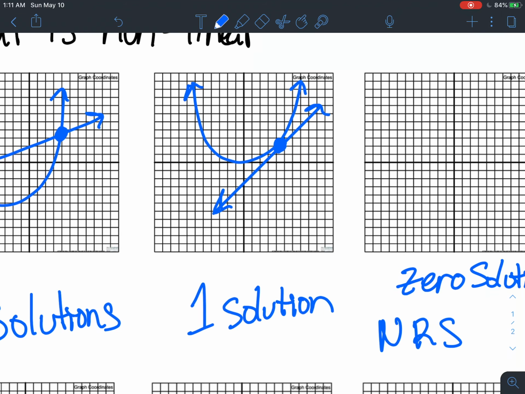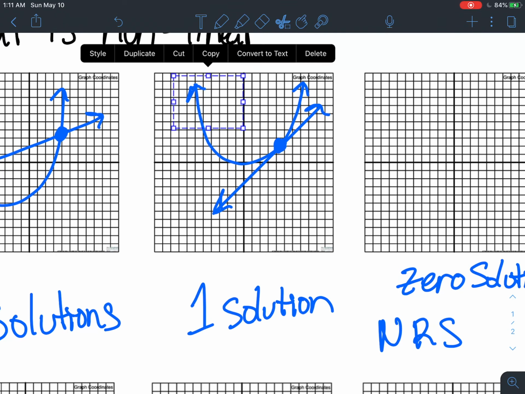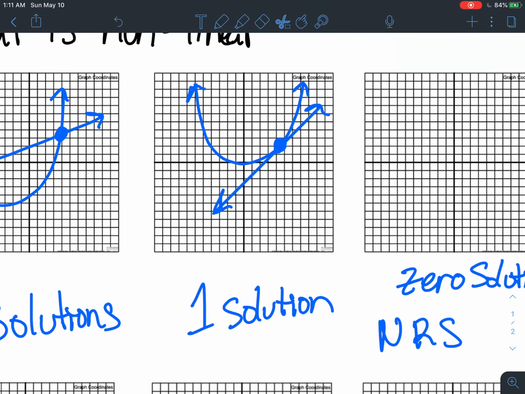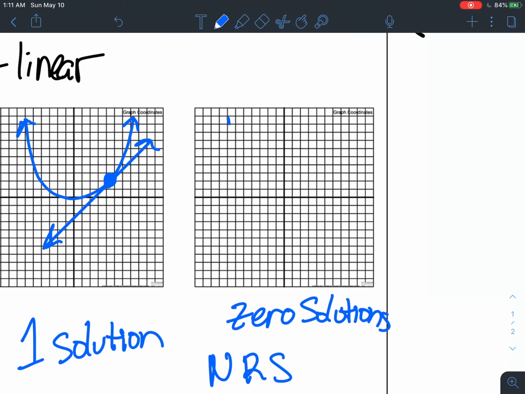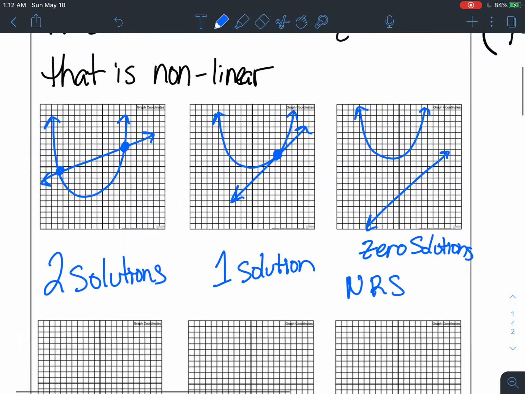Maybe we could do it this way. There we go. So that's exactly 1 intersection. Or you could also have it where there's my parabola, and my line is way over here. They're never destined to meet, no intersection, so no real solutions.